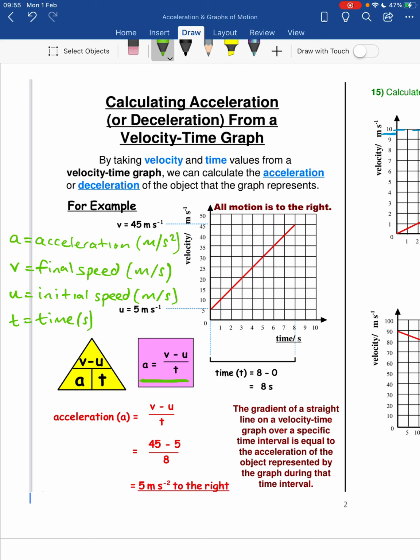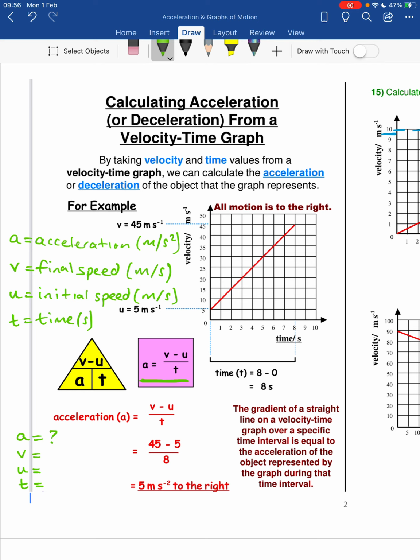So your first step for these problems is to make a list down the left-hand side with all 4 symbols in the acceleration equation. All of these problems are going to ask us to find what the acceleration is, so A will always be a question mark.